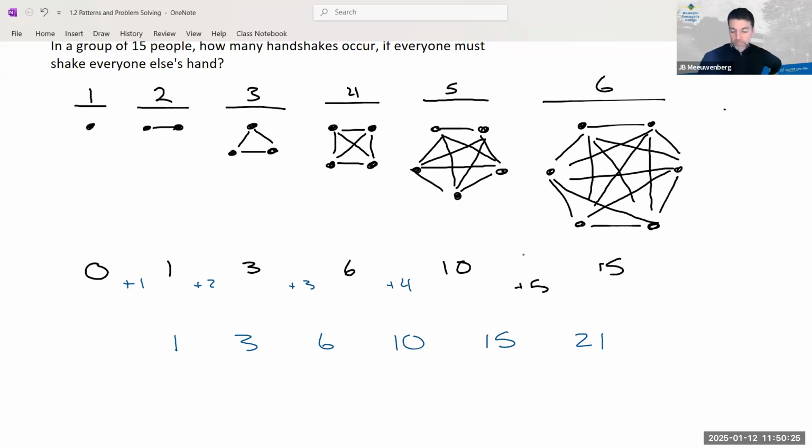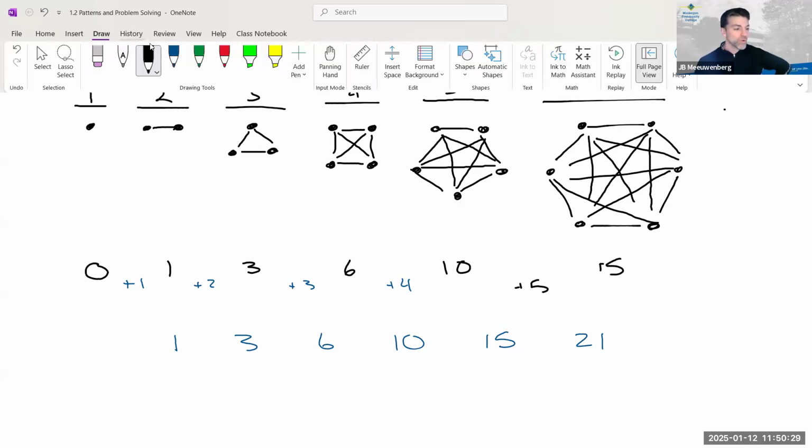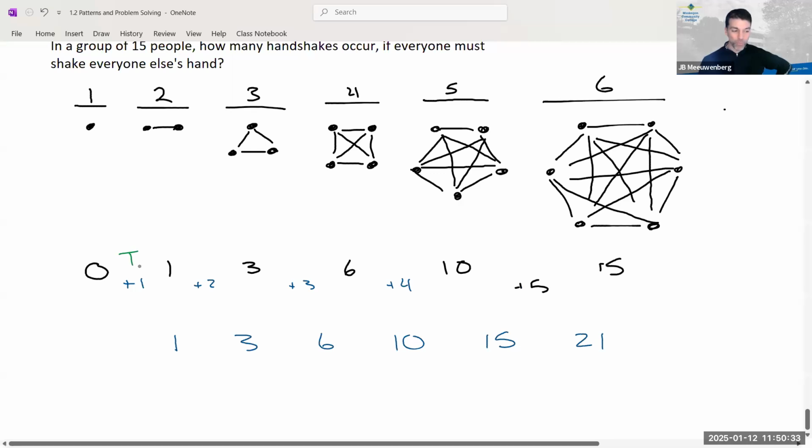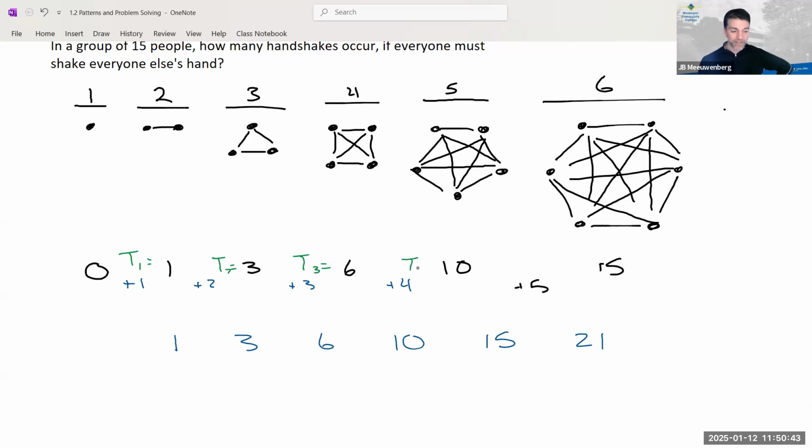And so if we go back to what those triangular numbers were, remember t sub 1, the first triangular number, is equal to 1. Triangular number 2 was 3. Triangular number 3 was 6. Triangular number 4 was 10.